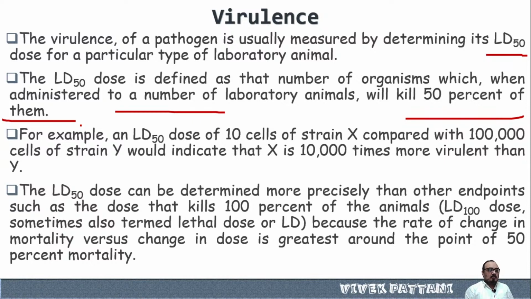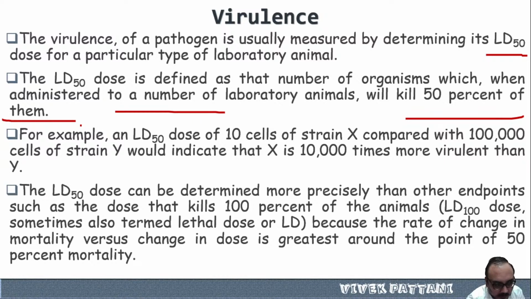For example, an LD50 dose of 10 cells of strain X compared to 1 lakh cells of strain Y would indicate that strain X is 10,000 times more virulent than Y.